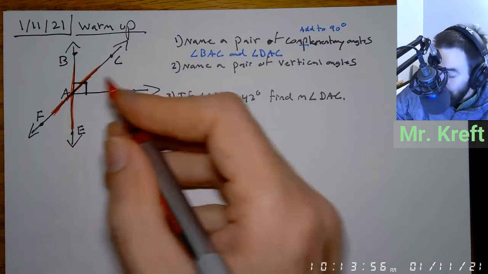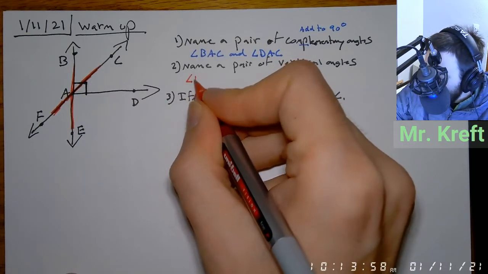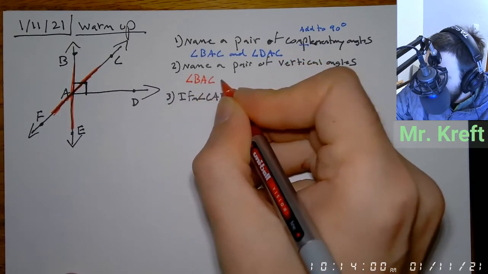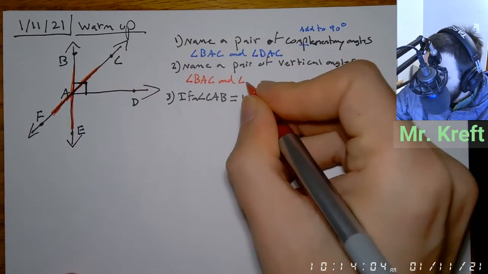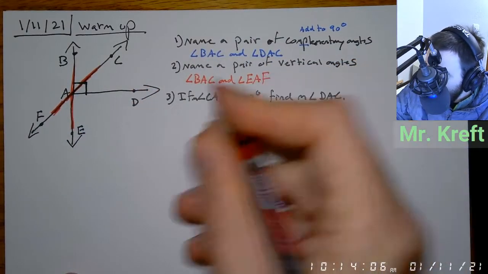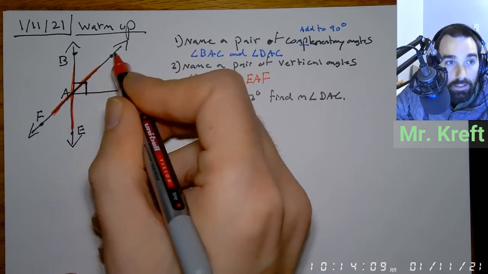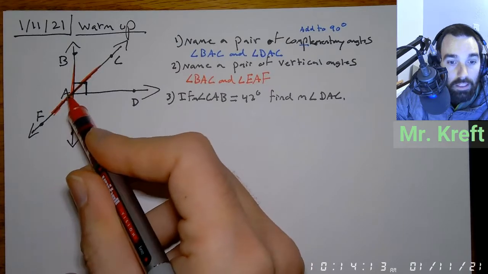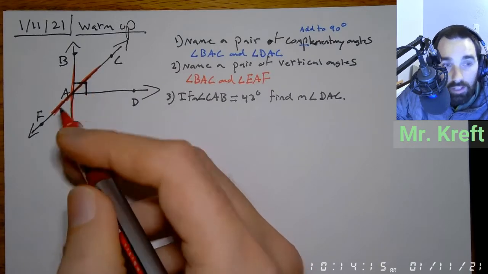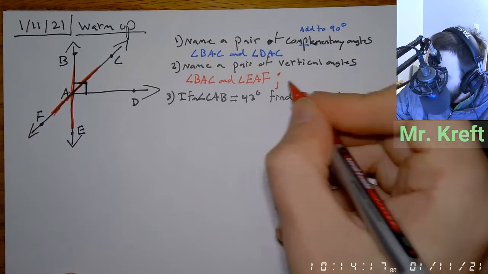So we could go top and bottom here. That would be angle BAC and angle EAF. BAC is this top angle right here, and EAF is this bottom angle right here. Okay, so that would be a set of vertical angles.